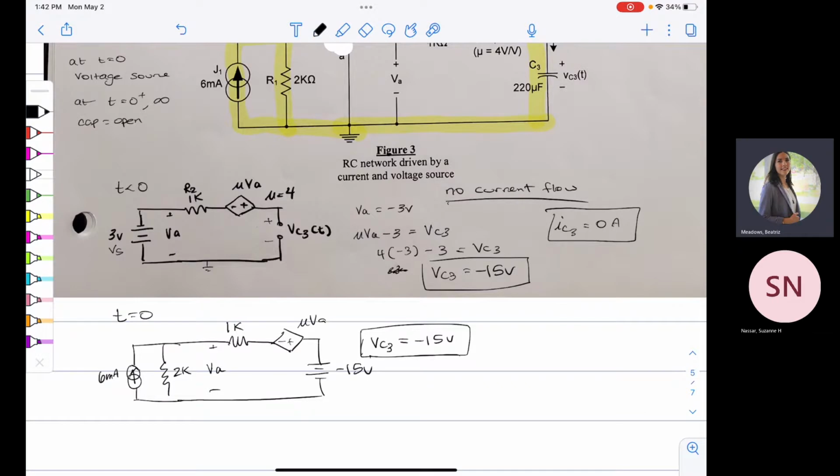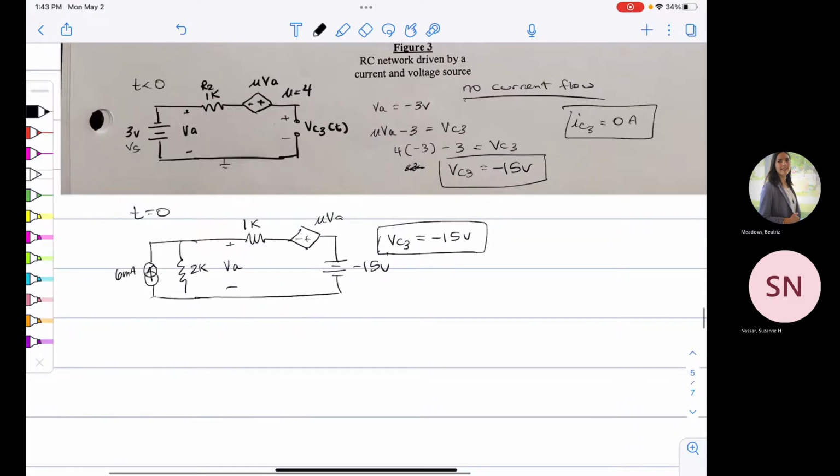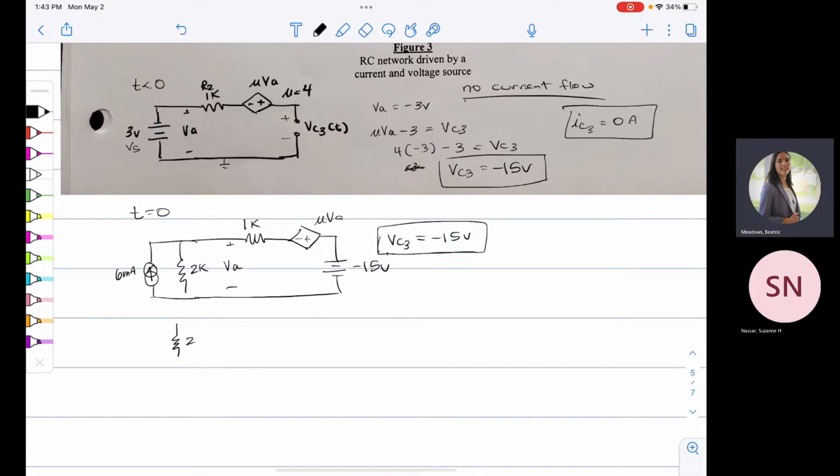Okay, so now we have this. How are we going to find our current? It's going to be 2K. What is going to be our voltage?